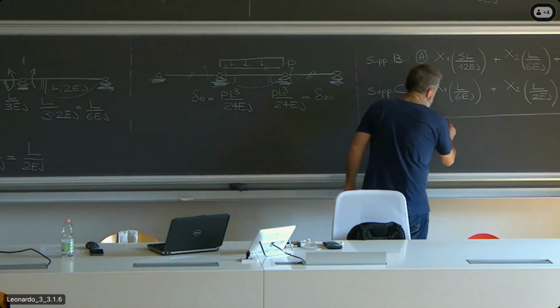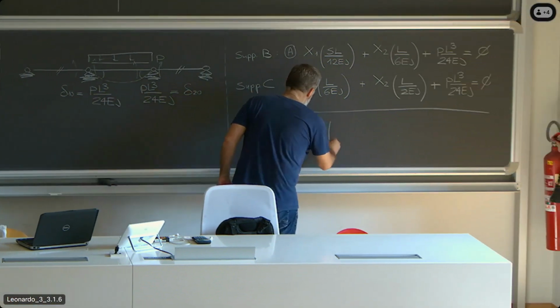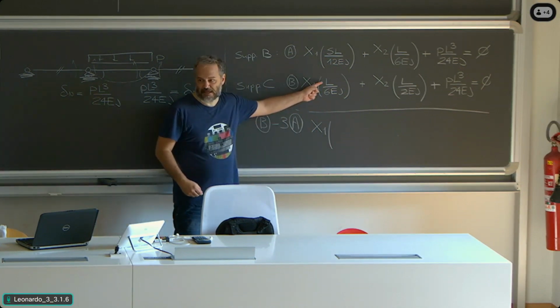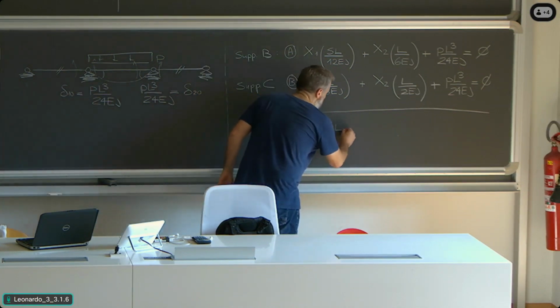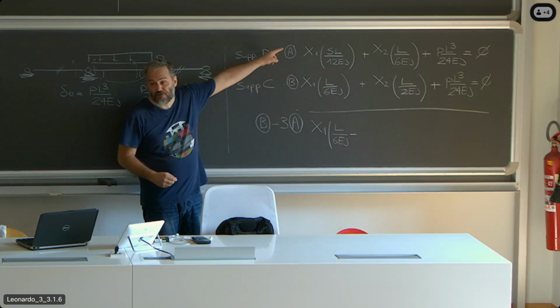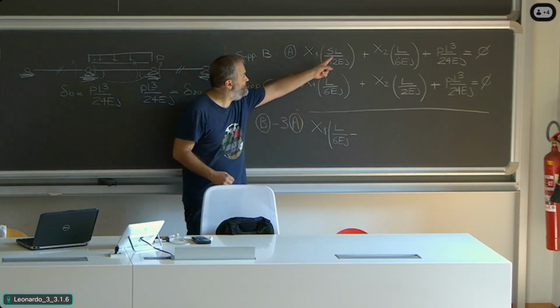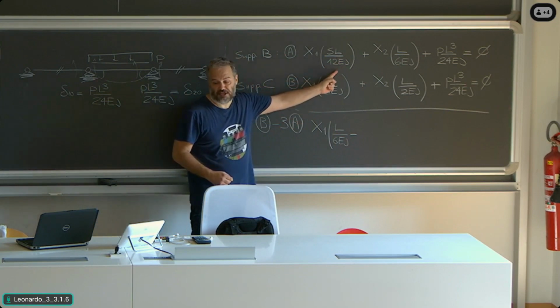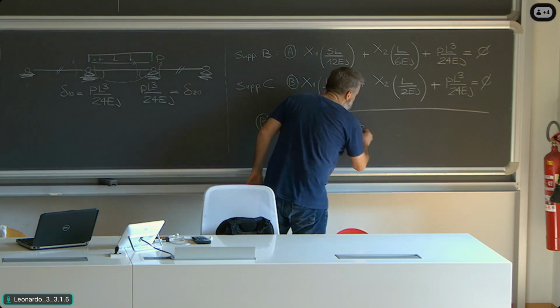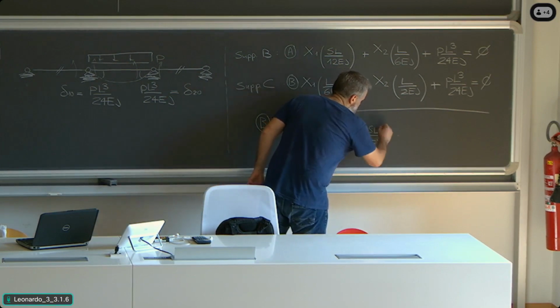So I'm writing here x1, then I take B, L divided by 6EJ is the coefficient, minus 3 times the coefficient coming from equation A. So here I have 5L divided by 12EJ. I'm going to subtract 3 times 5L divided by 12EJ.